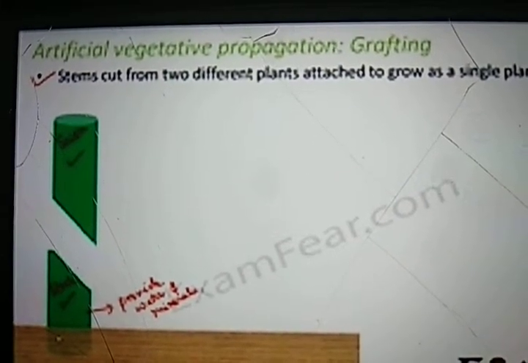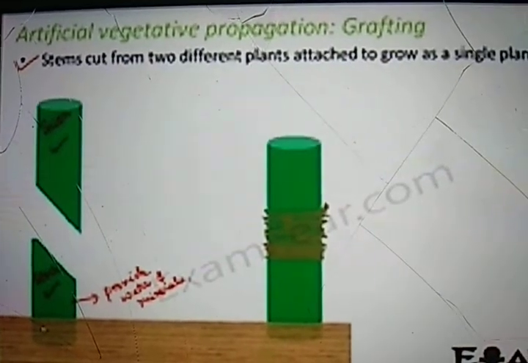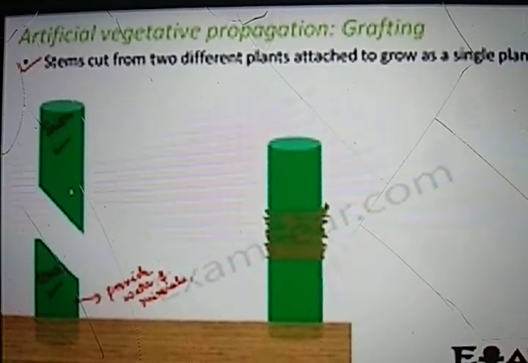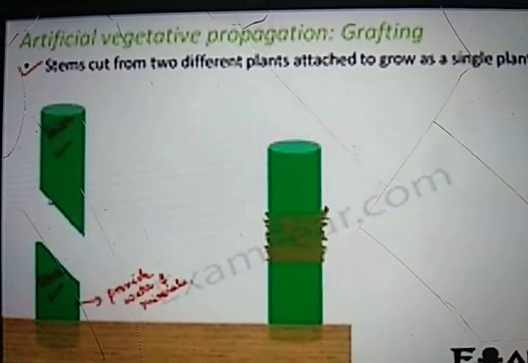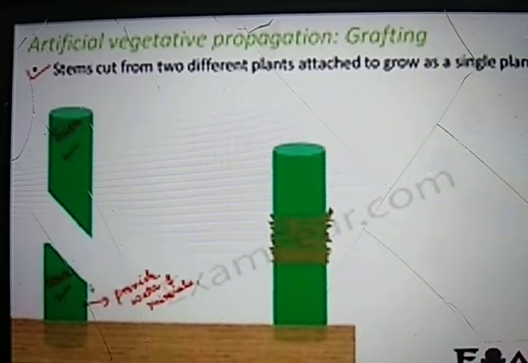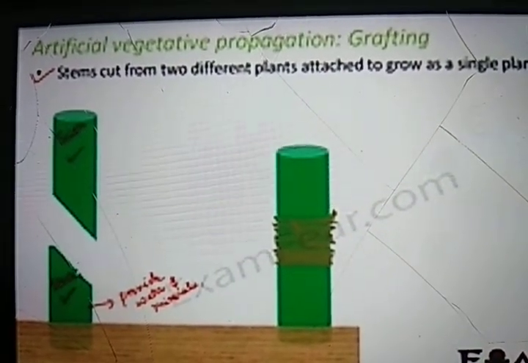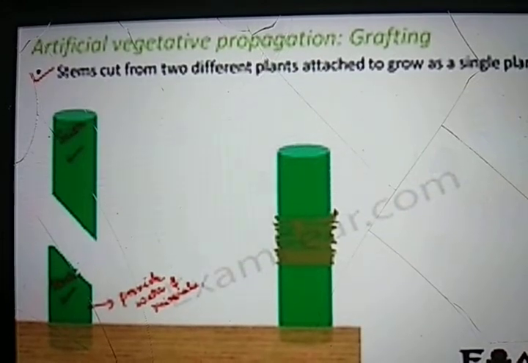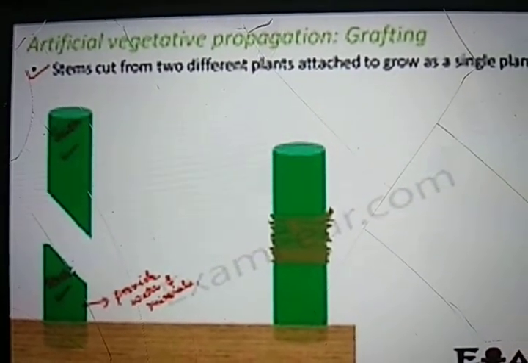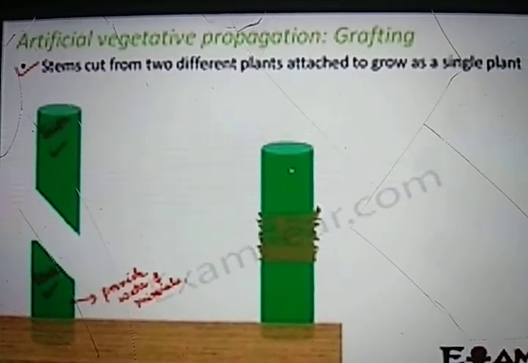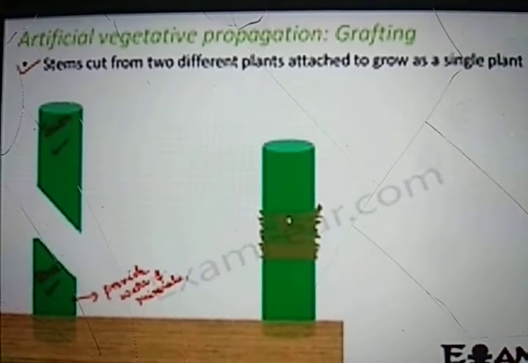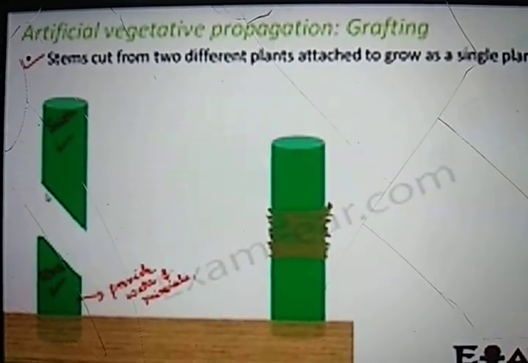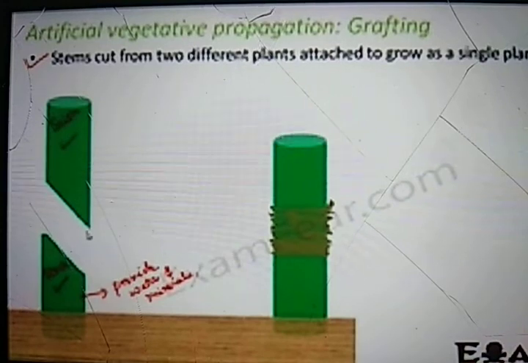So how do we make this? What we do is, the scion and stock, can you see the way they have been cut? If they are cut in this way, when they are put together, no gap is left between them. It is very important that you make sure the scion and stock fit exactly, leaving no gap. That's why there is a slant cut.